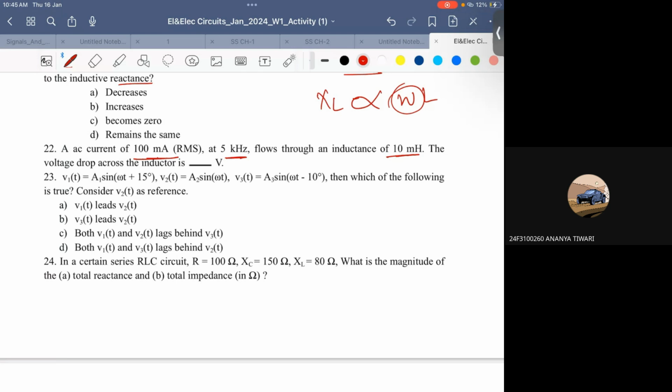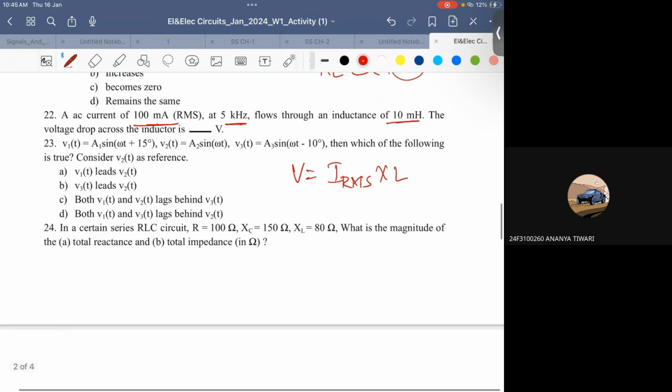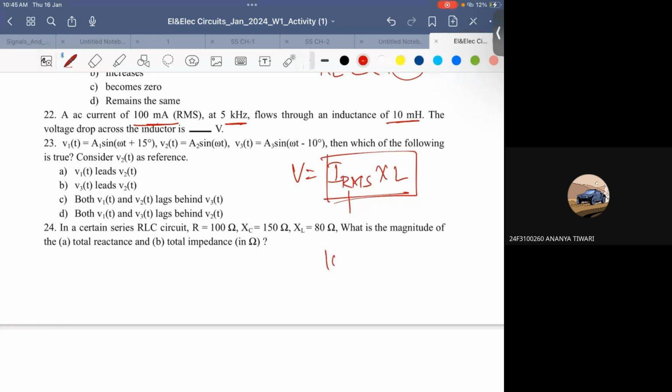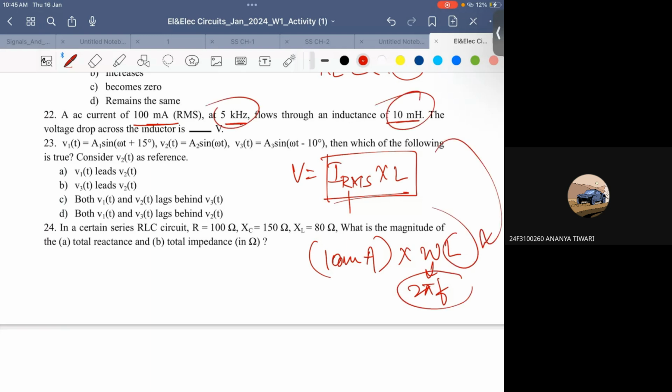V equals IRMS times XL. IRMS has been given to you. XL is pretty simple. You can just take 100 microampere and multiply with omega L. Omega is what? 2 pi F. The F value has been given already. Just put the value, and L also has been given. Inductance is also given. You can calculate it.